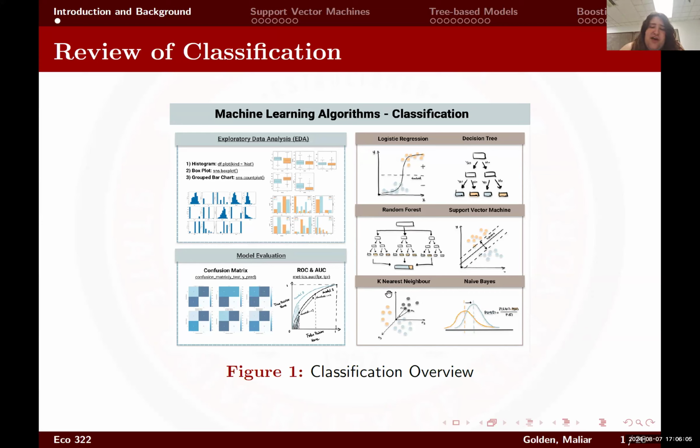And then you have k nearest neighbor, where you assign points to the class held by several of the closest points. And then you have naive Bayes, which is a very old Bayesian classifier. And then if you want to evaluate this, you can use confusion matrix, and you can use ROC and AUC.